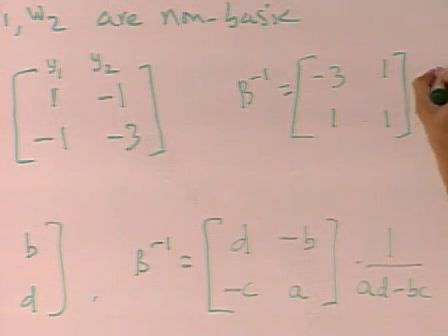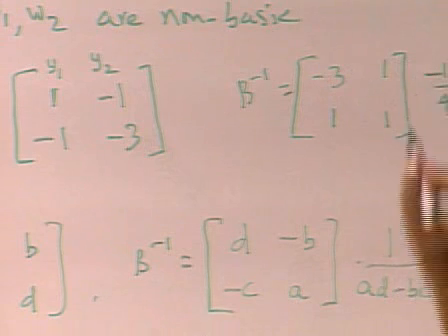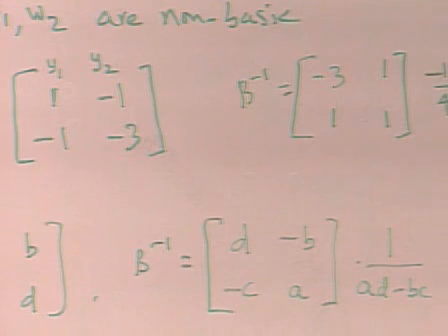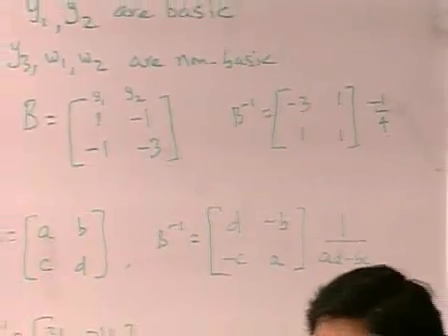So it's going to be 1 over 4 with a minus sign. So the point is B inverse is going to be 3 over 4, minus 1 over 4, minus 1 over 4, minus 1 over 4. So that's your B inverse.